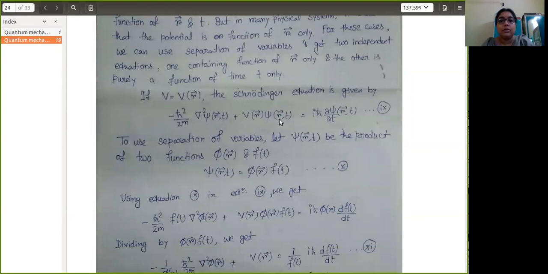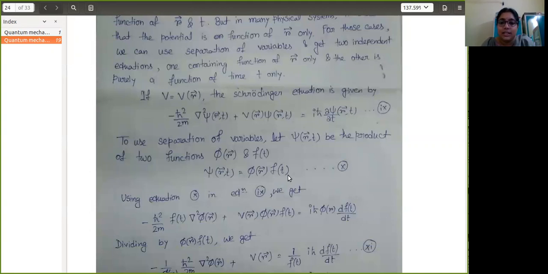Now we are going to use the separation of variables and get the results. In separation of variables, we take the function as a product of two independent functions. So we have taken ψ to be the product of φ and f, where φ is an independent function of r and f is an independent function of t. So ψ is φ into f.